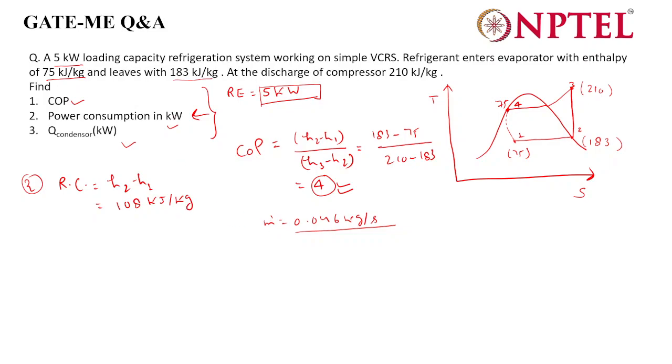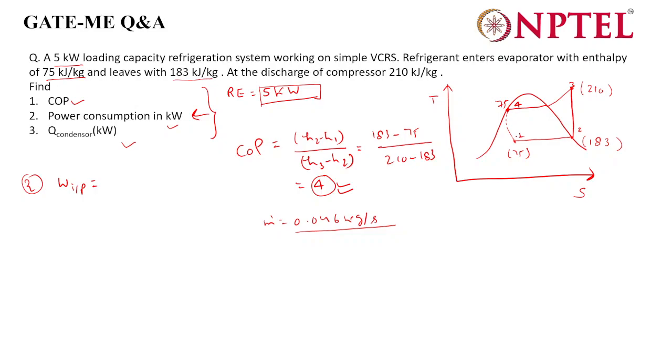But actually, sorry, we require the power input here. The power input is what we give to the compressor. So first we find the work input, and then we convert that to power input.